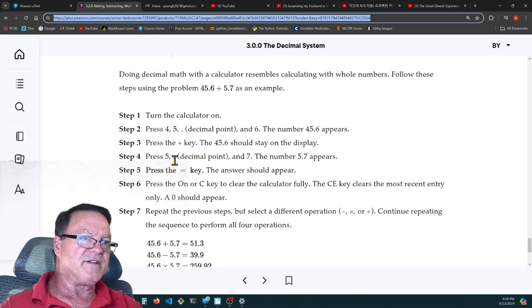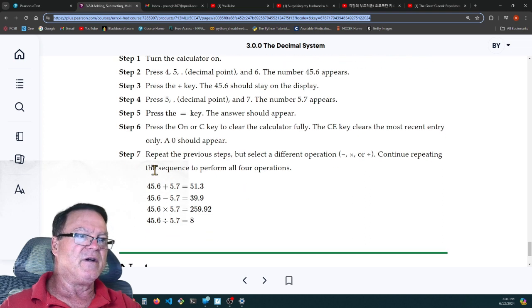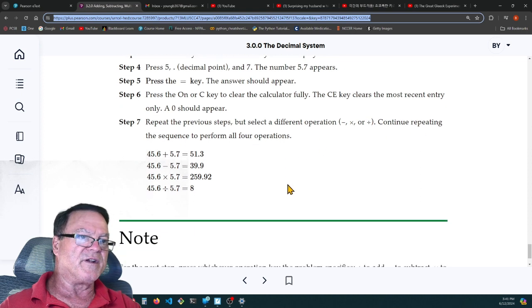Press 5, decimal point 7. The number 5.7 appears. Press the equals key. The answer should appear. Press the on or clear key to clear the calculator fully. The CE key clears the most recent entry only. A 0 should appear on the calculator. So repeat the previous steps, but select a different operation, minus, times, or divide. The sequence to perform all 4 operations.